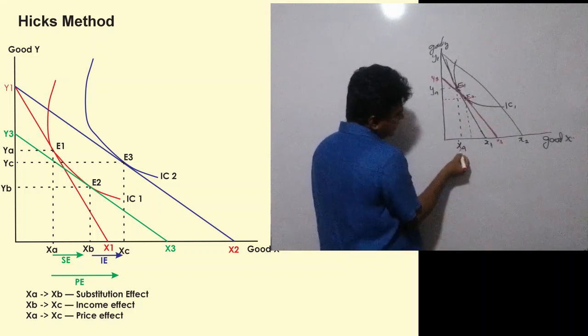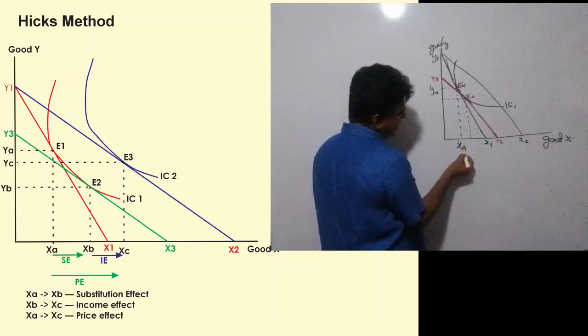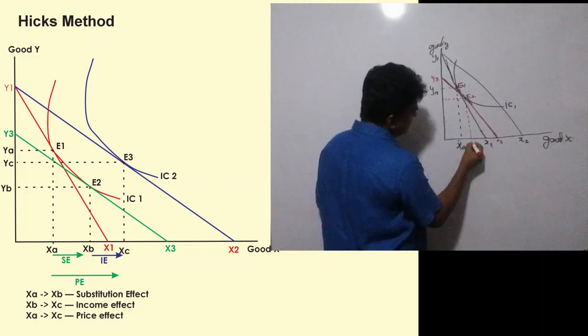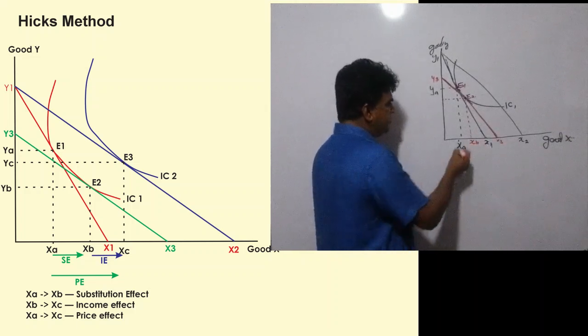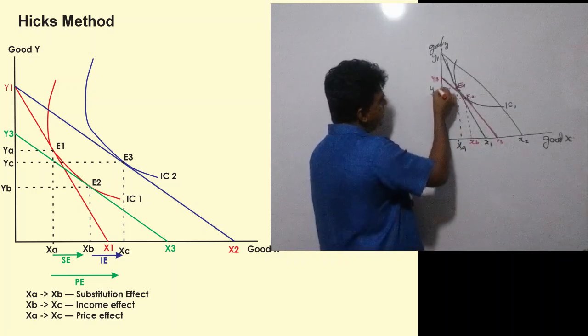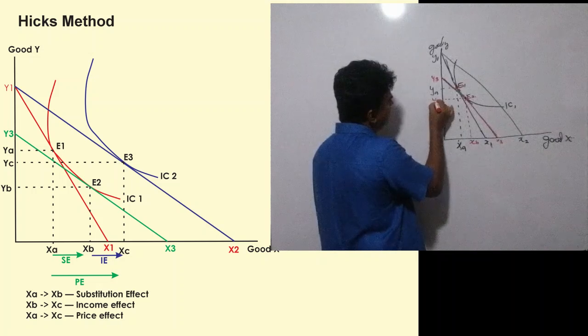The consumer's previous consumption of good X is XA, right? Now the consumer is consuming an amount XB, which is greater than XA. For that, what has happened? The consumer has given up YA from YB.